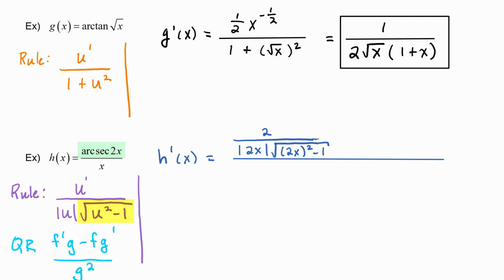Then we have to take that times g, the denominator, which is x, minus f, which is arcsecant 2x, times the derivative of the denominator, which is 1, nice that it's a simple one, over the denominator squared, so over x squared. Let's pull this 1 over x squared out front.